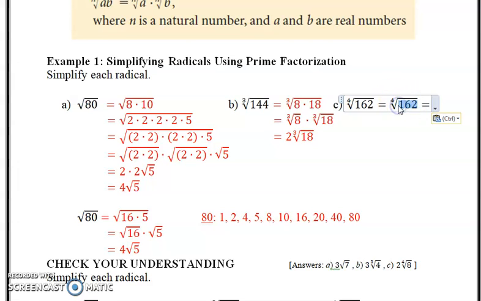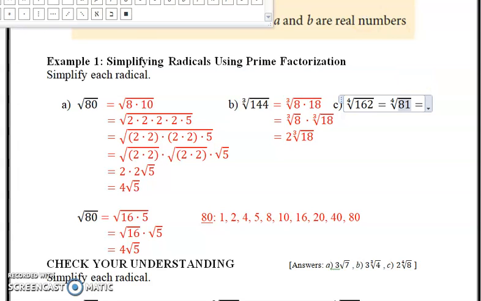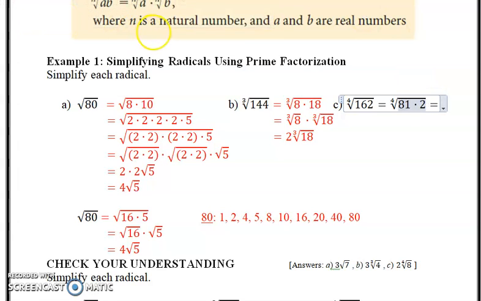So that can be written as 81 times 2, right? Okay. Again, this one, we got lucky because it gave us the perfect power in our second factor, right? We didn't have to list them. As soon as you get to 1, you don't need to go any further.